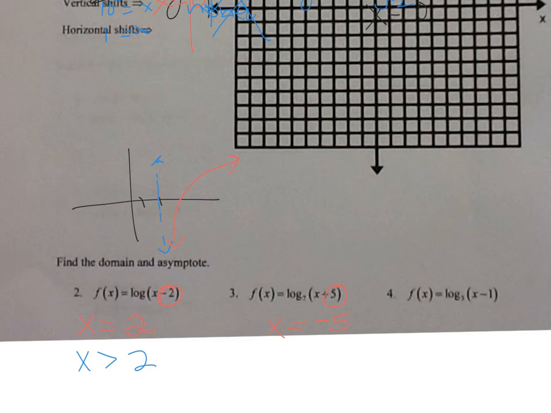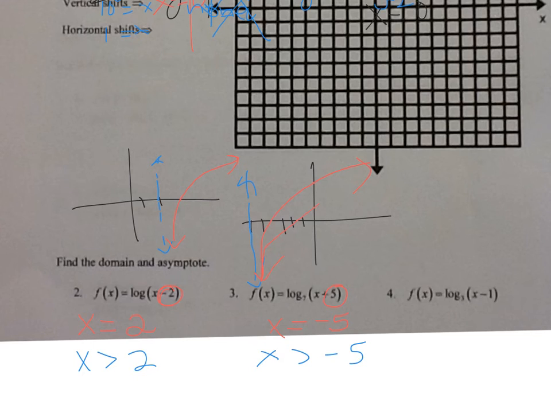So on a graph, here at -5 is your asymptote, and your graph would look like this. So my domain would be x is greater than -5.